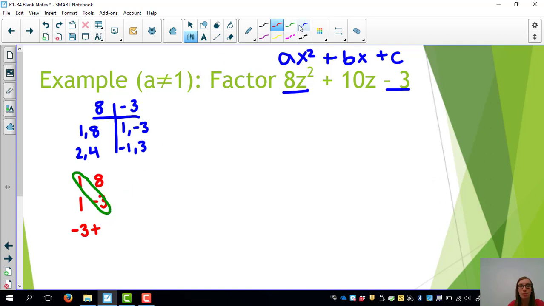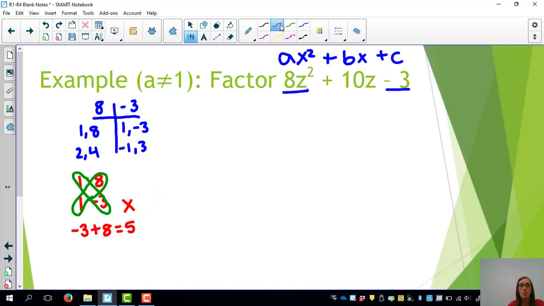So -3 plus, I'm now going to multiply the 1 and the 8. So we've created kind of a butterfly shape there. 1 times 8 is 8. Now we want to add those together and see if it gives us 10. It gives us 5. So this combination does not work.